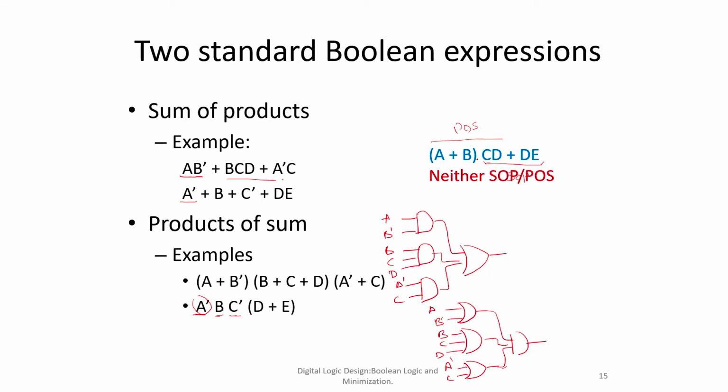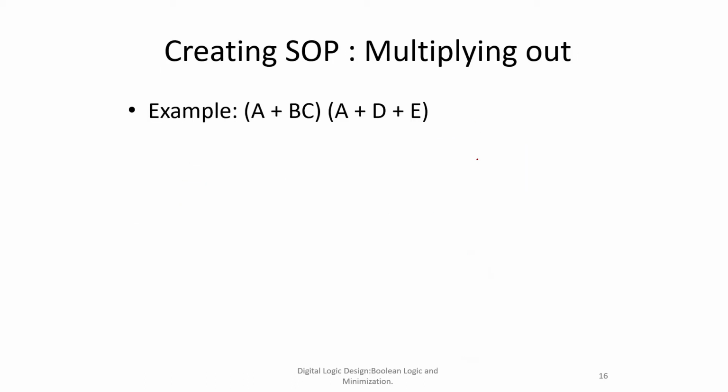So if some expressions are not in the standard form, product of sum or sum of product, we need to create them. We need to do some extra processing and maybe use the Boolean algebra which we have learned to convert them into standard forms. So let us see how we do this. I'll take a couple of examples.